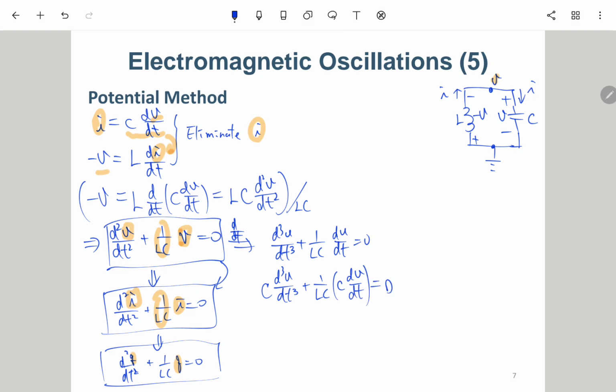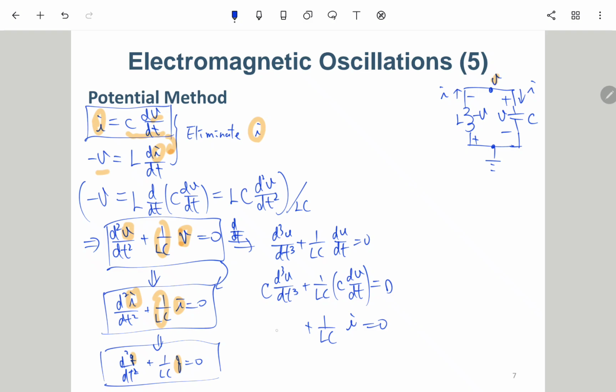Okay, C dv/dt. So don't forget that we have I equals C dv/dt at the beginning, which means this is nothing but I. So this is nothing but I, and then 1 over LC. For the third derivative, we can just put the C inside and then separate the third derivative into a second derivative and a single derivative.